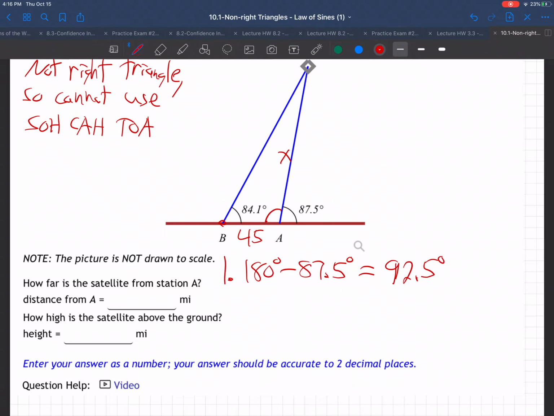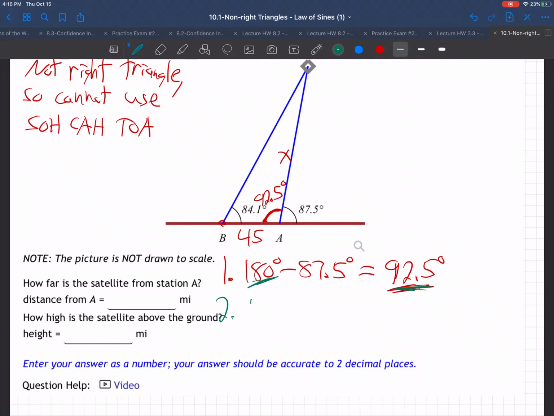So this angle here must be 92.5 degrees. Why? Because together, these two make 180. They're half of all the way around. You remember the unit circle? Halfway around is 180. So you subtract from 180, and the missing angle has got to be 92.5.